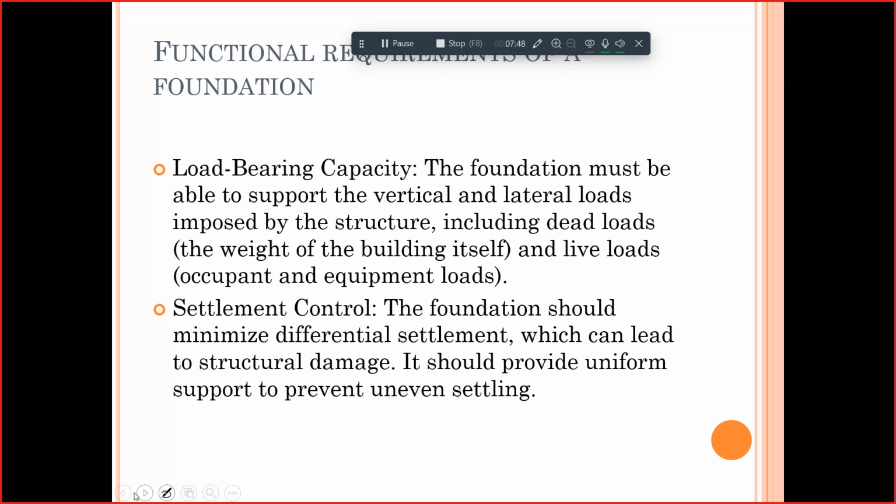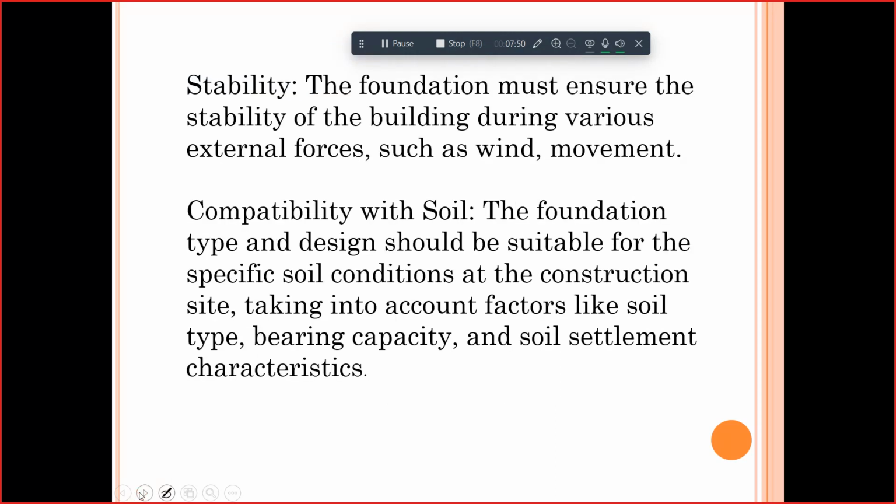Yeah, we have settlement control. Amos. Yes, sir. Tell us another one, please. Stability. Yeah, good. We have also stability. Kennedy, tell us one example. Here is compatibility with soil. Thank you.